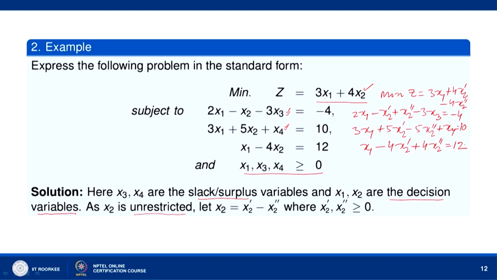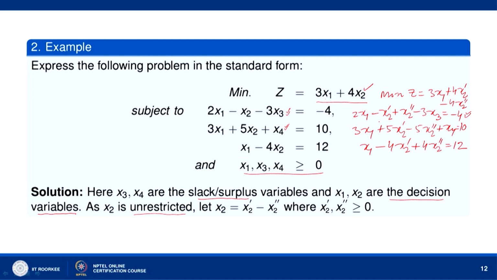Now, the right hand side of all the constraints must be non-negative. But we notice here that in the first constraint we have a negative constant, minus 4.